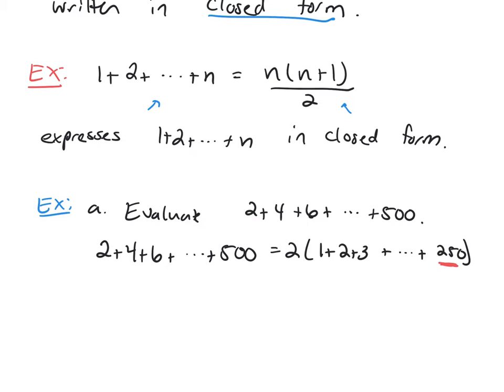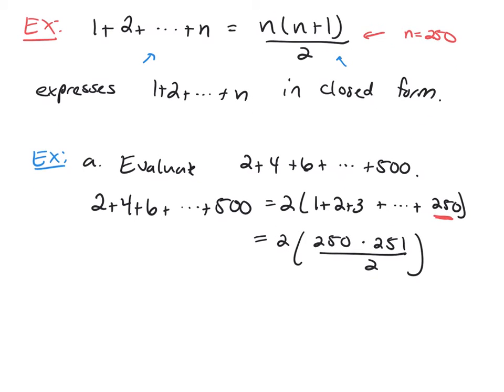You're going to go back up to this formula and plug in n equals 250 to calculate the summation. So this will be 250 times 251 over 2. The 2's will cancel, so this is 250 times 251, or 62,750.